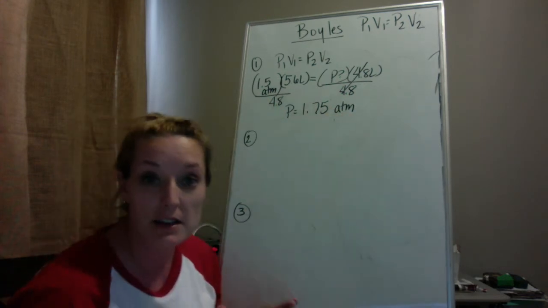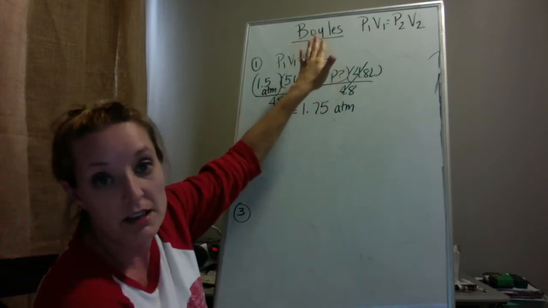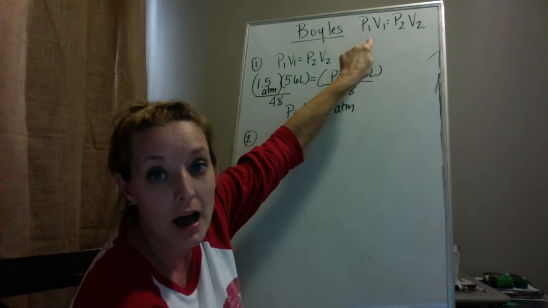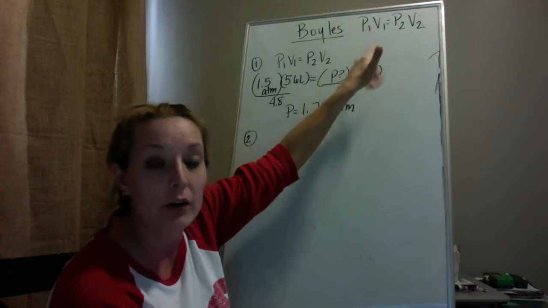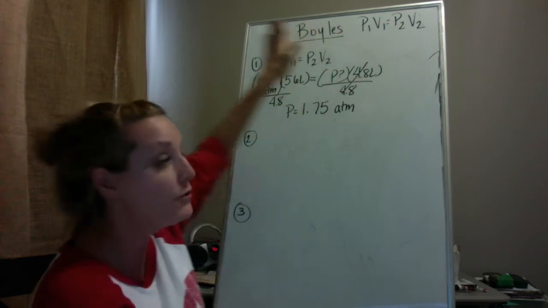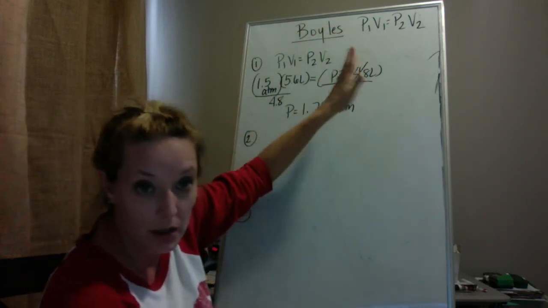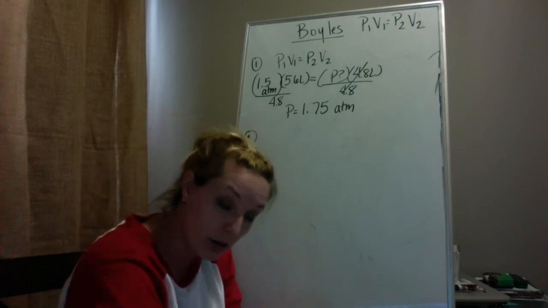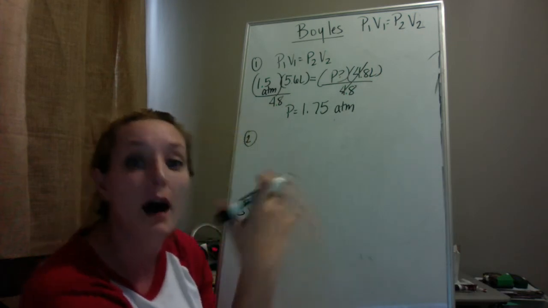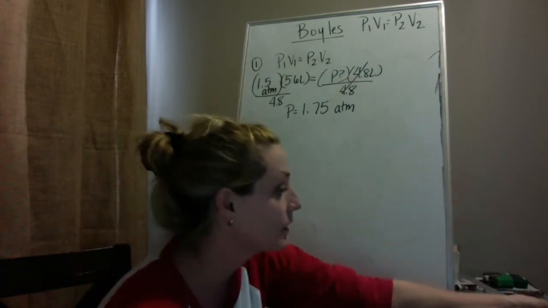Okay? So let's ask ourselves a question. This is based on Boyle's law. Boyle's law says that as one of these things goes up, the other will go down. It's called an indirect relationship. If your pressure goes up, your volume should go down. If your volume goes down, your pressure should go up. So let's see if that holds true for this problem.